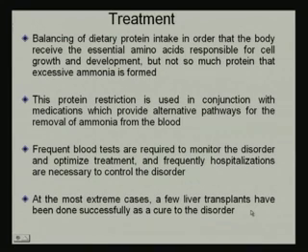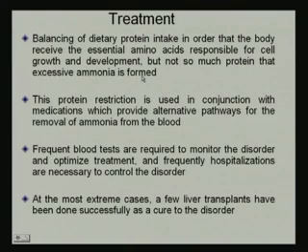Now, to treat such a patient, we have to give a controlled diet where the protein intake should be minimal, because there should not be much protein that can generate excessive ammonia, which is formed out of these protein molecules.